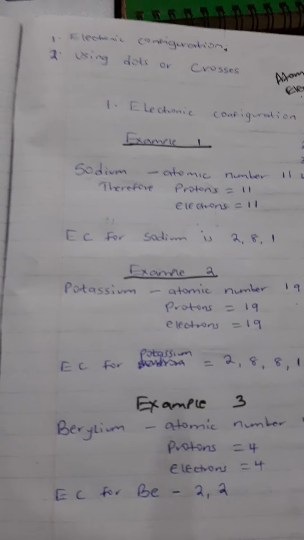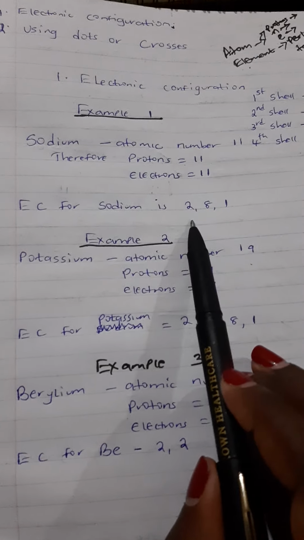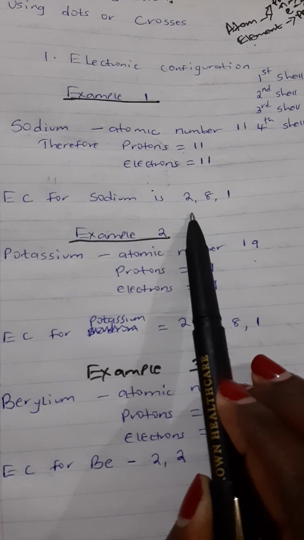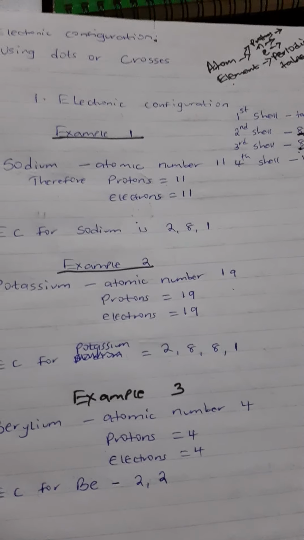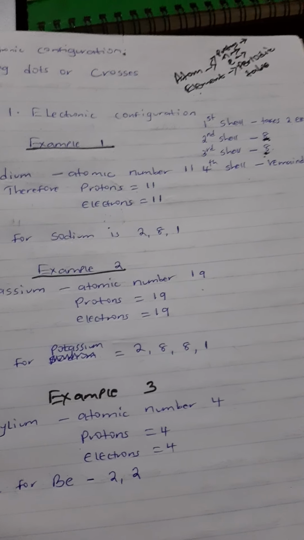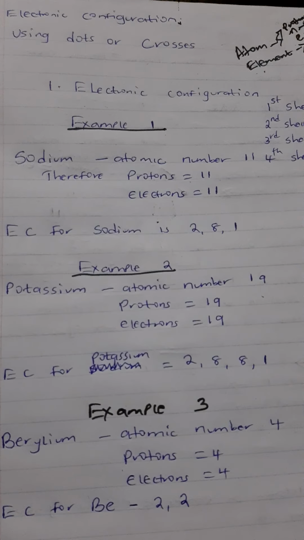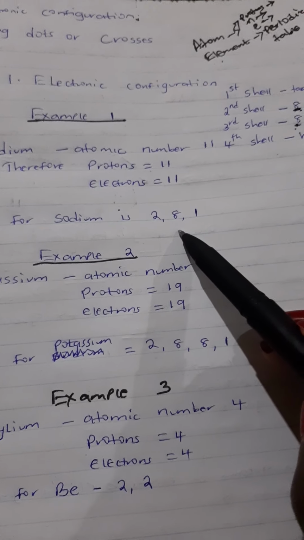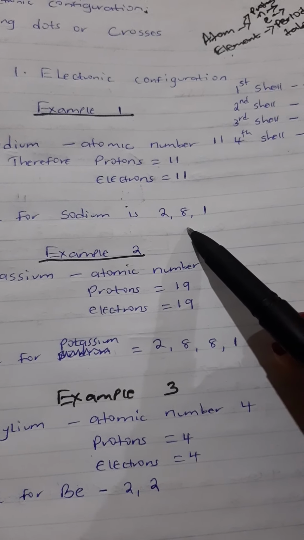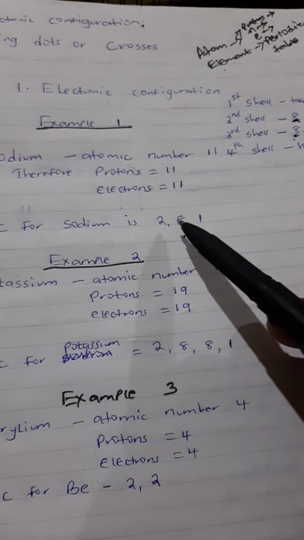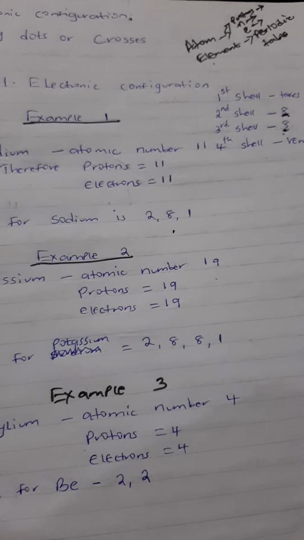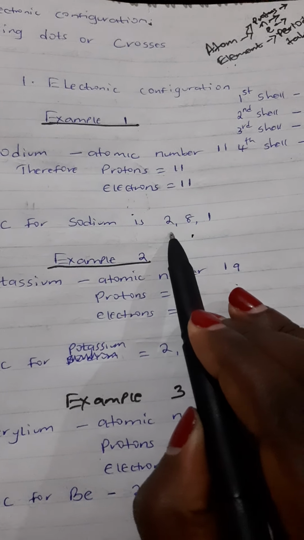So let's take our first example, sodium. The first shell takes 2 electrons. Then we go to the second shell, which takes 8 electrons. So far we have filled how many electrons? 10. 8 plus 2 is 10.